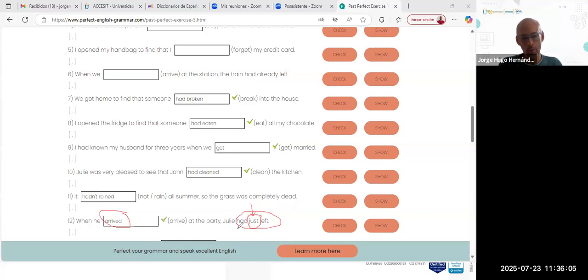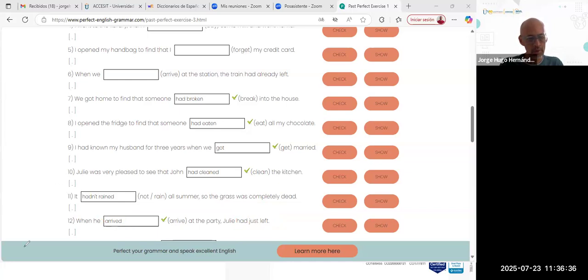O lo podemos traducir como Julie acababa o había acabado de salir. Si no colocamos el just, es Julie había salido, ¿no? Había partido. Pero como colocamos el just, entonces Julie había acabado o justo había salido, había acabado de salir o justo había acabado de salir, de partir. ¿Ok?